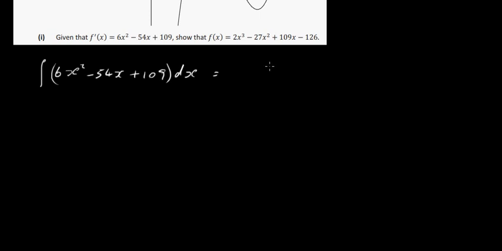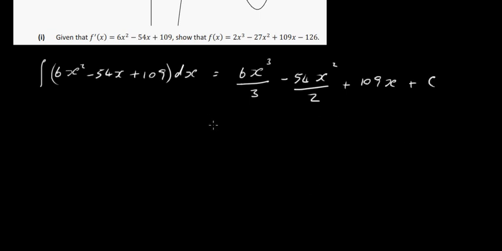If we integrate this, we get 6x. We have a squared, so we increase that by 1 and divide by the power, which is 3. We've got minus 54x. It's already to the power of 1, so increase that by 1 to get 2 and divide by 2. Here we've got a 109, and the x is to the power of 0, increase it by 1 and divide by 1, and then we end up with our plus c, our constant of integration.